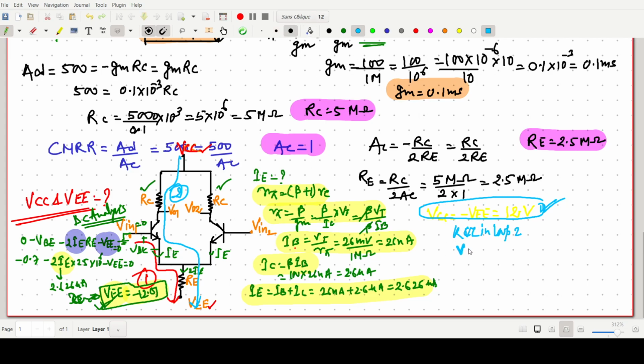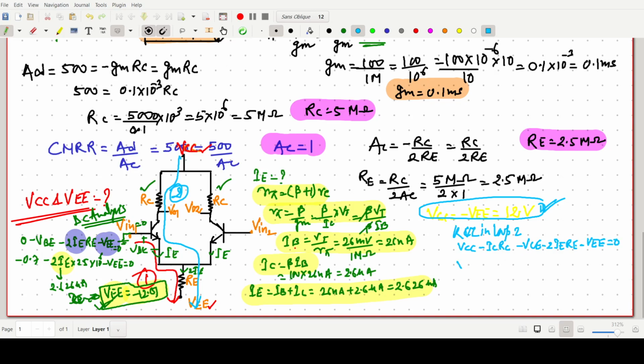We have to write VCC minus IC RC minus VCE, because in the question it is already given, minus VCE minus twice IE RE minus VEE. Now we have the value of VEE.